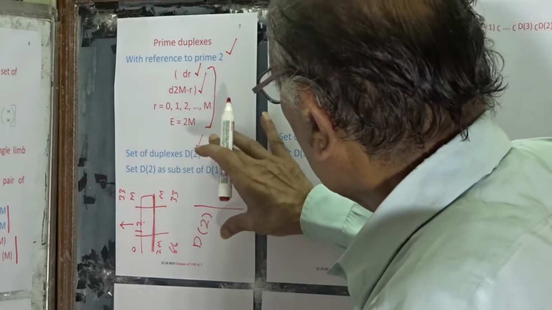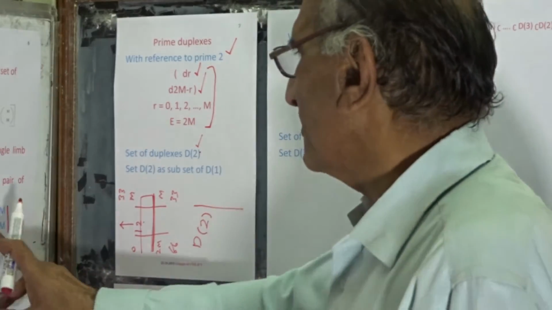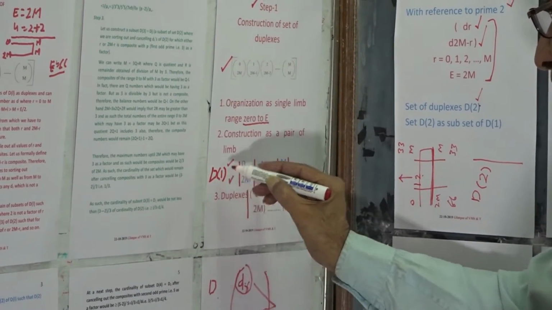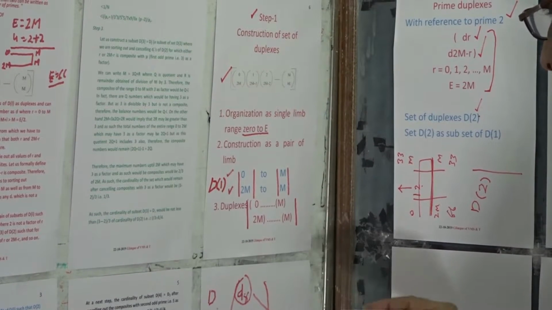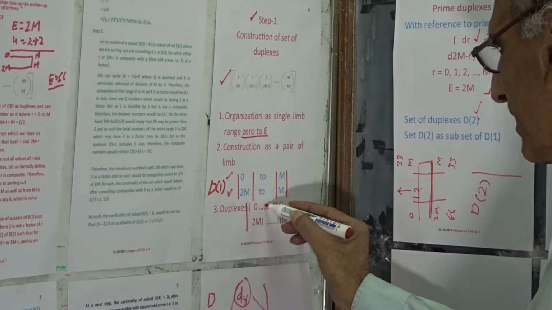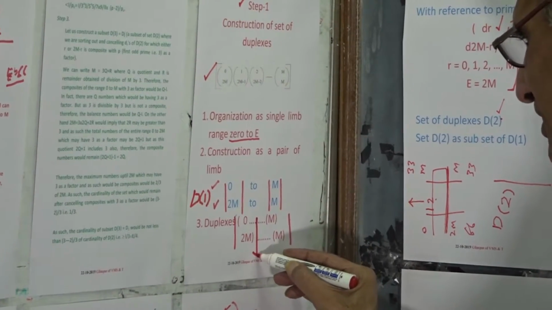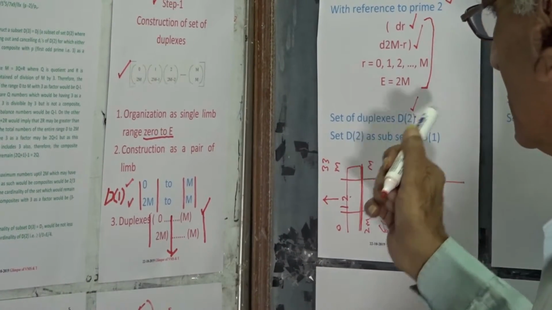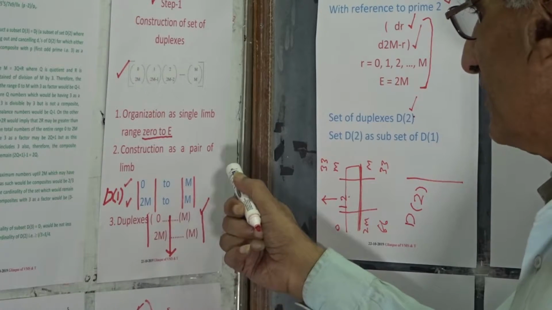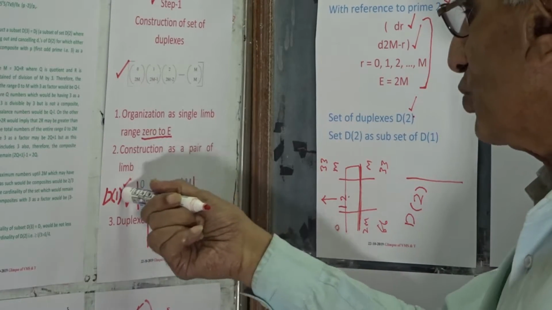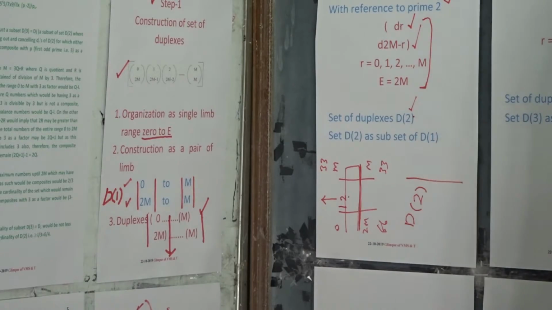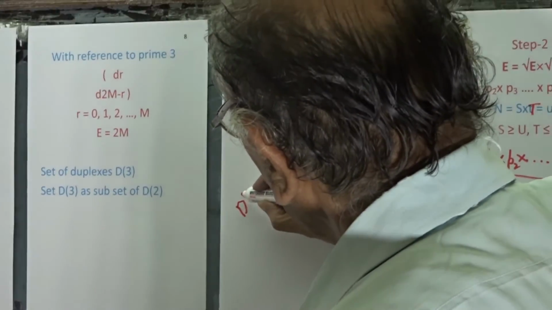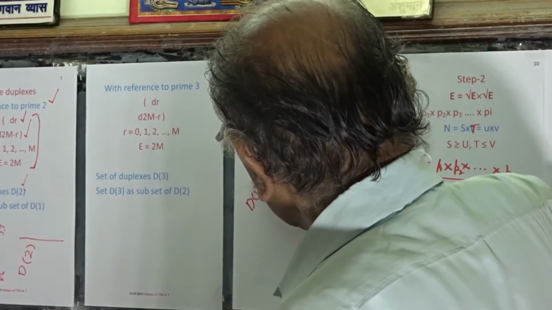Now, this way, out of this range of D1, when we strike out all the duplexes which are having 2 as a factor for dr or for 2m minus r, the remaining duplexes will be the prime duplexes qua prime 2. This will help us reach from the set D1 of duplexes.